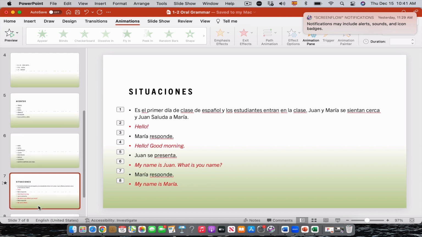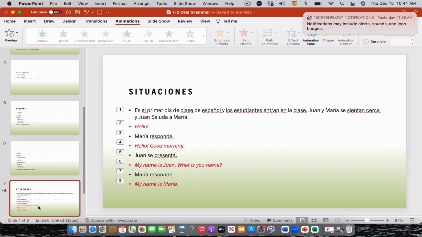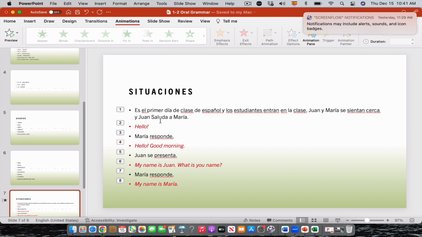Now, let's talk about this situation right here. Well, in this case, I'm going to read it in Spanish and we'll translate it, and then I will ask you to tell me how to translate or how to basically put together the situation. In this case, it says in Spanish, es el primer día de clase de español y los estudiantes entran en la clase.